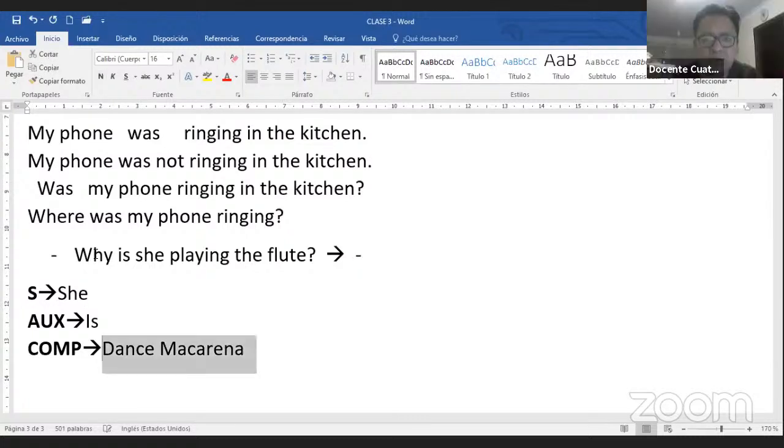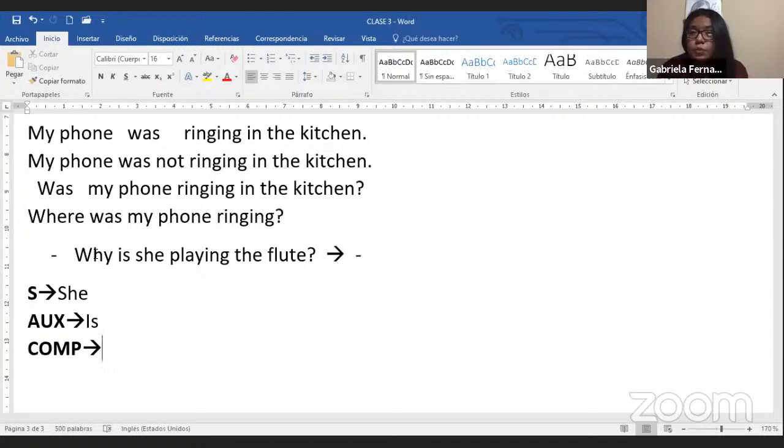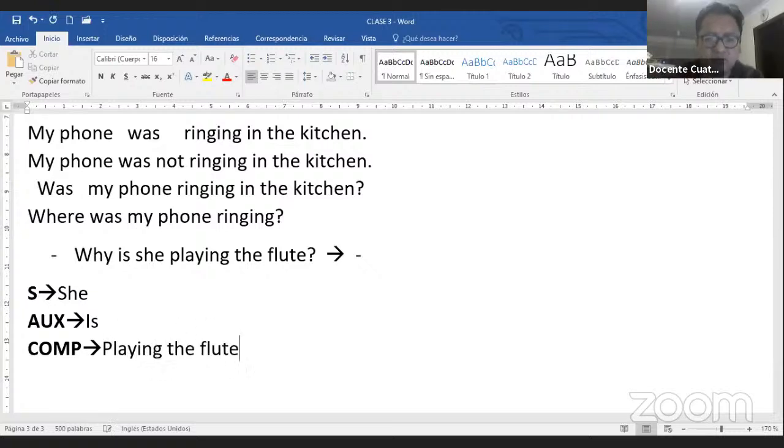And which is the complement? Playing the flute. Exactly. So the negative sentence is? She's not playing the flute. Very good.